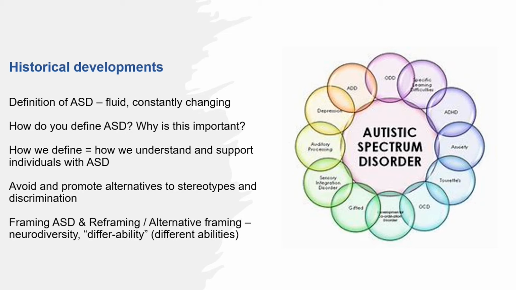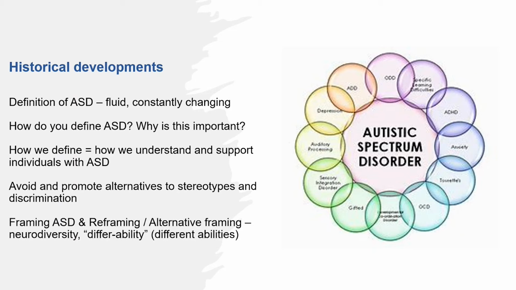And then we strongly urge our students to avoid stereotypes and discrimination of people who are different, who are neurodiverse, and we promote alternative framings or narratives or storylines that actually embrace the diversity of autism.